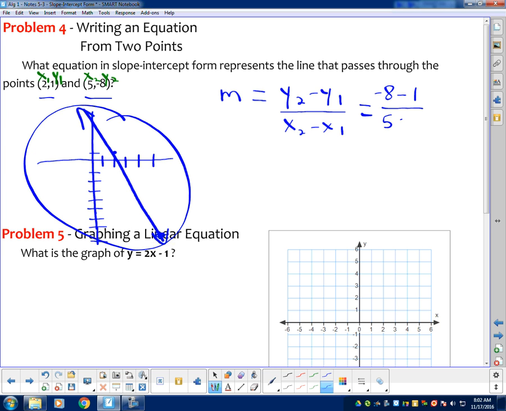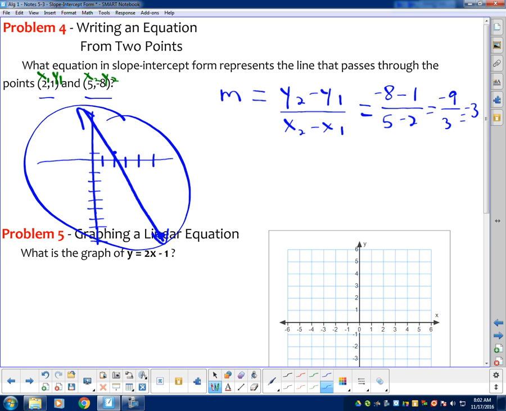And x1 is 2. So I've got negative 8 minus 1 is negative 9. 5 minus 2 is 3. And that simplifies to negative 3. So I got negative 3 as my slope. So m is negative 3.